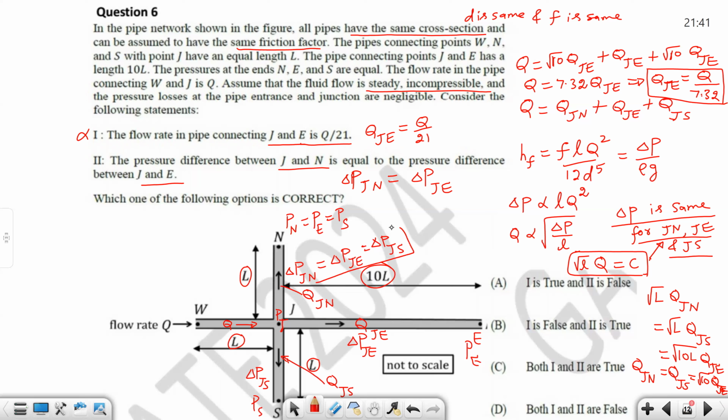So that is true, we have already understood that. So that means the second statement is correct. So statement 1 is false, 2 is true. So the answer is B. This is the answer for this question.